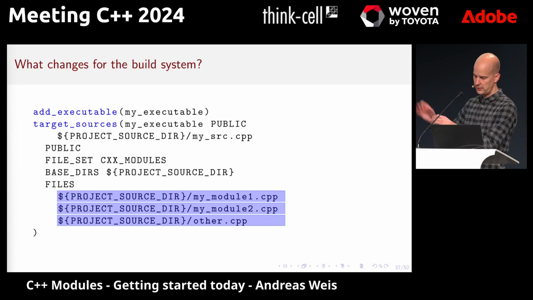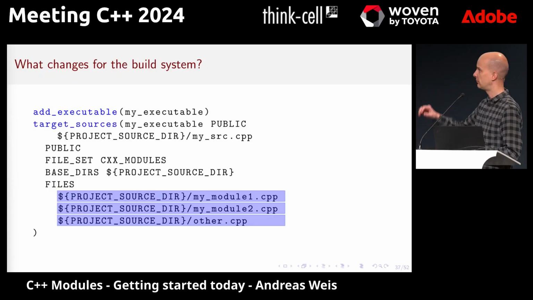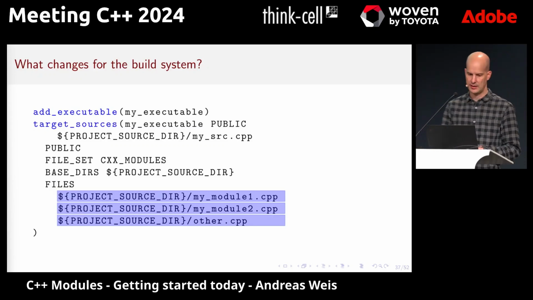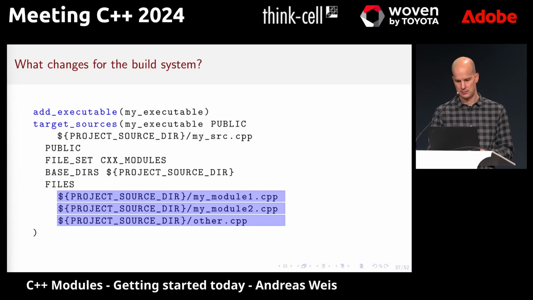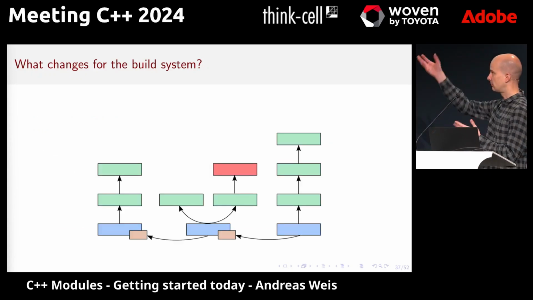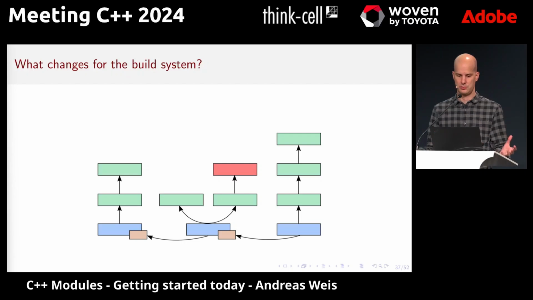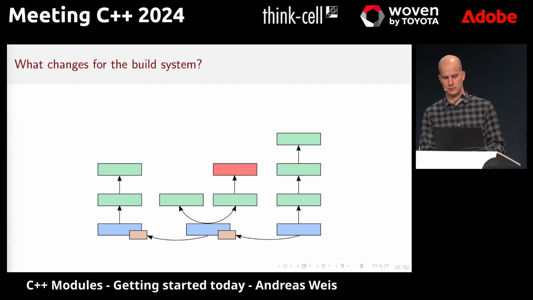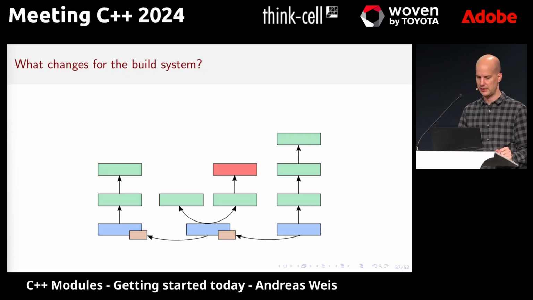So in CMake, we still want to have the flat list here, but in the build system view, we do want to have these inter-source file dependencies managed.